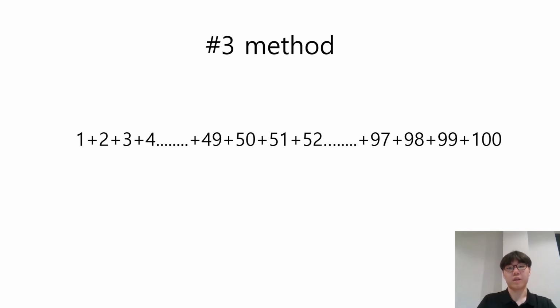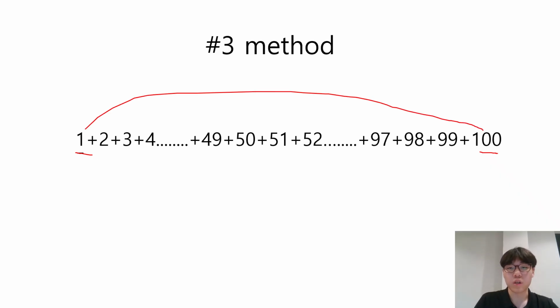The third method is adding the leftmost and the rightmost terms and making a pair. For example, the leftmost part is 1 and the rightmost part is 100. 1 plus 100 is 101. And the second left and the second right part, if you connect and add them, it's also 101.